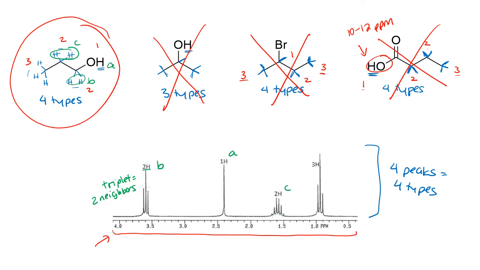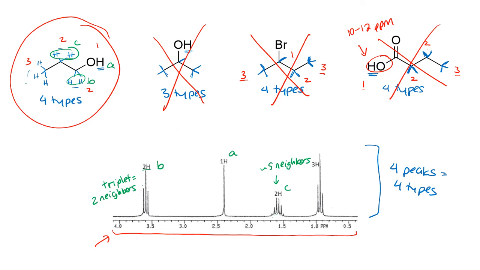So that means that this group of hydrogens probably has around 5 neighbors. Okay, and the splits may not always be clear, but what we can see here is that this group of hydrogens does have several neighbors. Now looking back at our structure, we can see that the group that we're focusing on has 1, 2, 3, 4, 5 neighbors. Right? So all of that makes sense for this last peak.